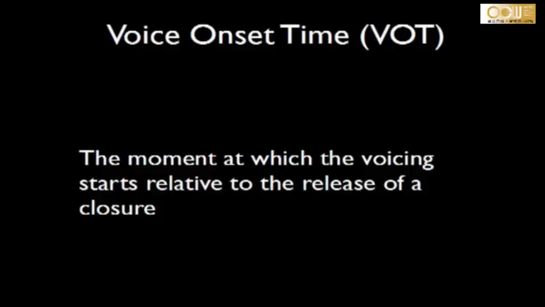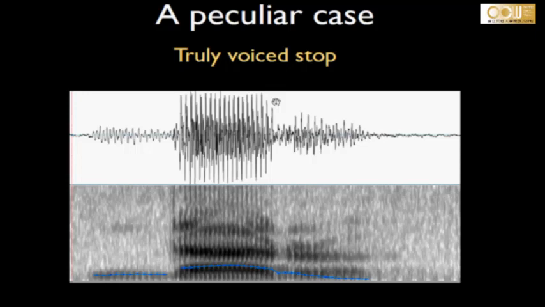So that's how you calculate VOT. Does it sound clear to you now? You use the C point minus the B point. You get your VOT. So this might look clear, but look at this. I'm going to introduce a peculiar case.